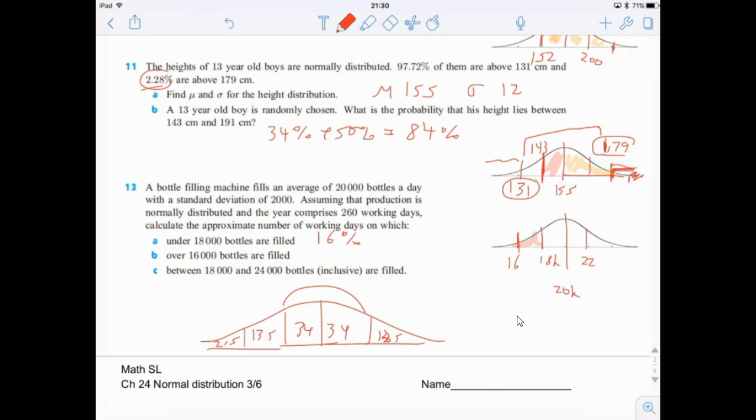So 16,000 bottles are filled is going to be this 50% here, plus 34% plus 13.5%. Okay, so that's going to be 50 plus 34 plus 13.5, and we get 97.5%.